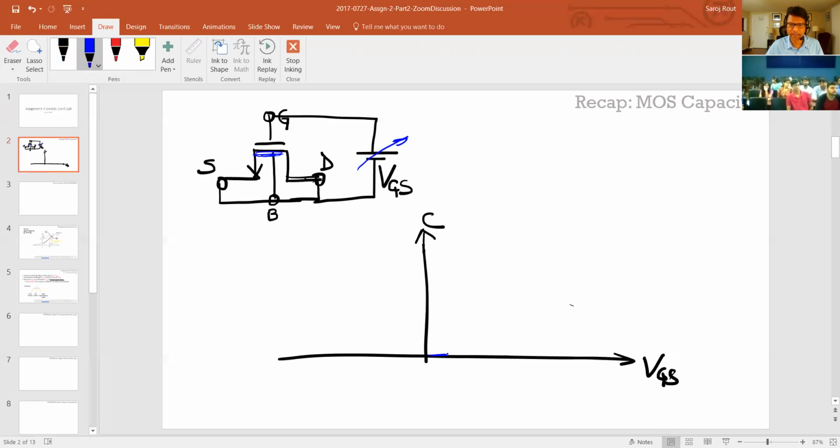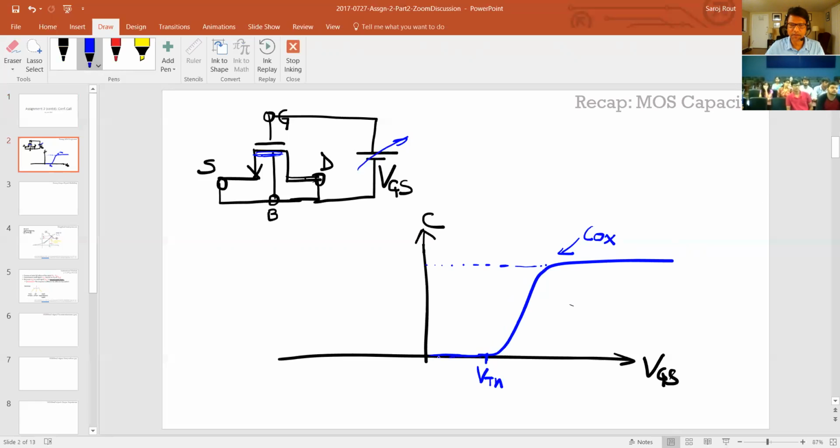So if I look at the capacitance, it looks like 0 till we reach the threshold voltage, which is called VTN for NMOS. And then the charge starts getting formed. So if you look at this capacitance density, it just looks like the oxide capacitance density.